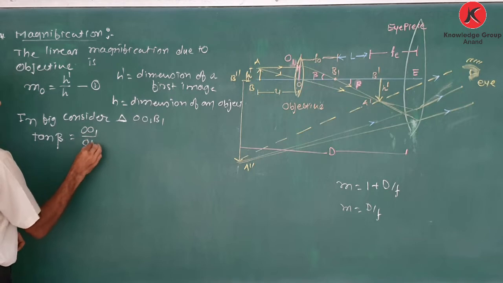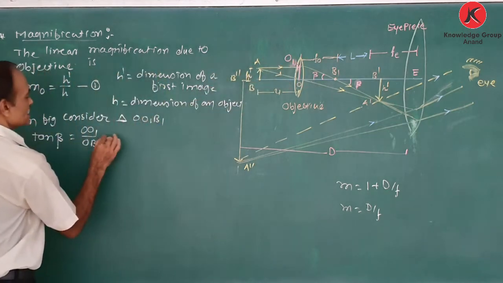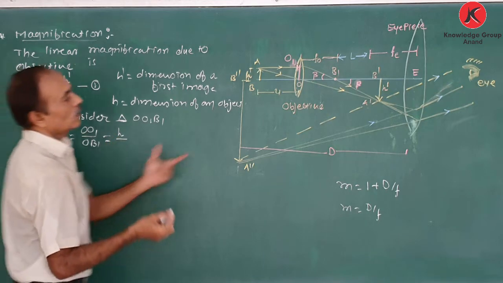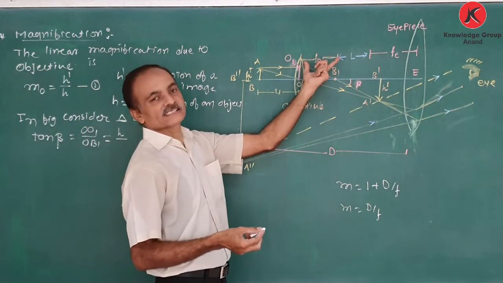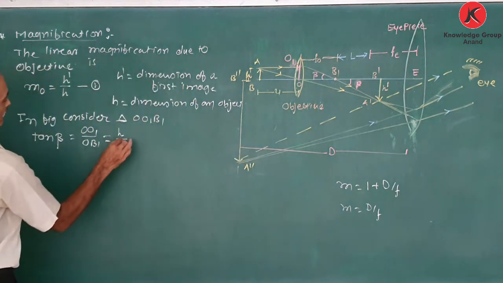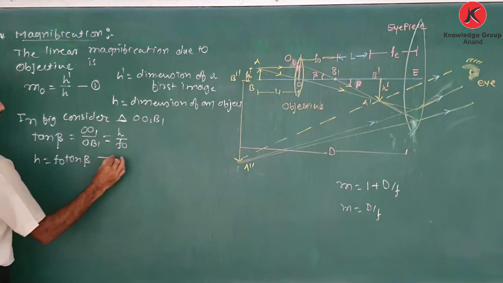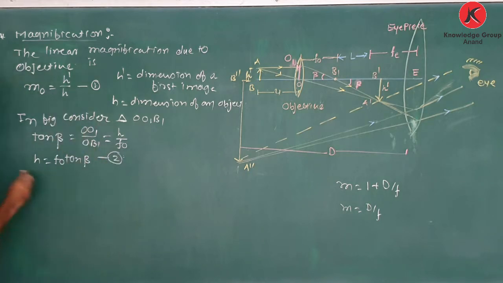O1 upon OB1. O1 is same as the AB. AB is equal to H upon OB1. OB1 is the focal length of the objective, that means the F0. Therefore, H is equal to F0 tan beta. That is the equation number 2.